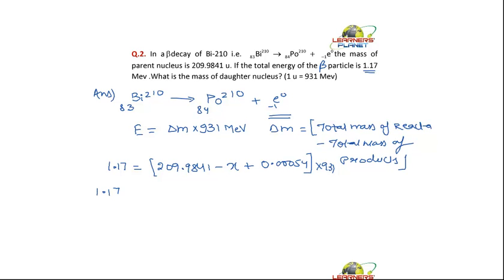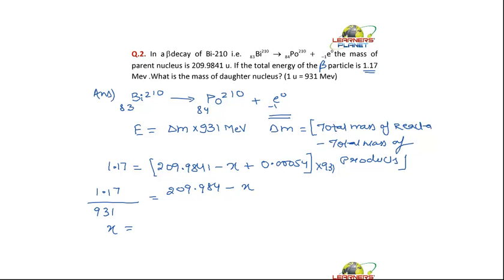Now 1.17 divided by 931 is equal to 209.9841 minus, if you sum up the two, that is 209.9841 plus 0.00054, that is 209.9846 minus x.